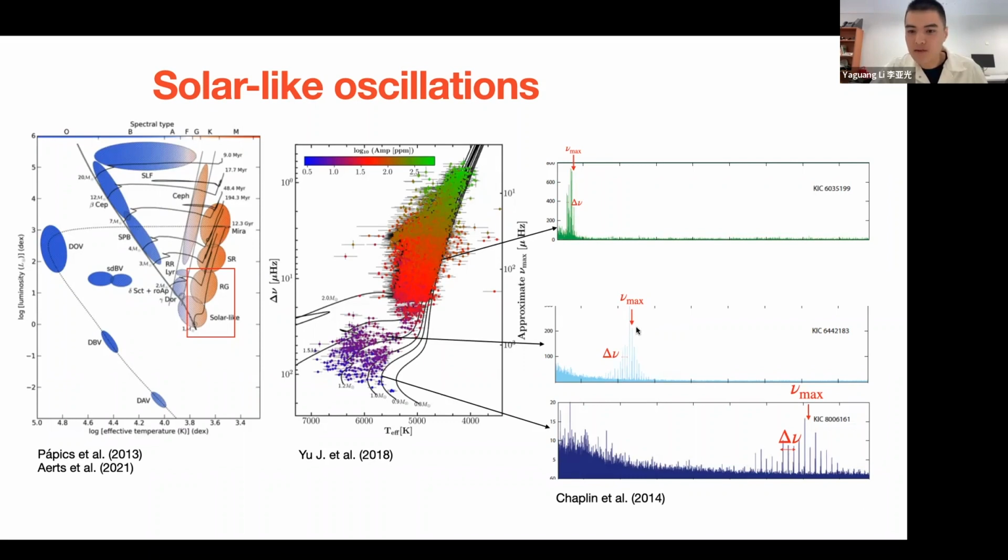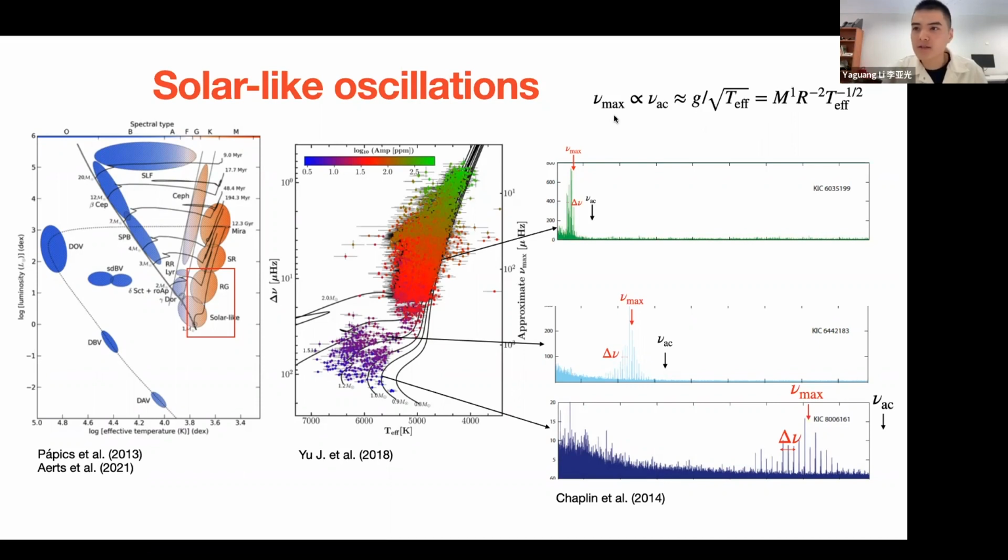The first parameter is nu max, which is the frequency where the maximum power appears. And another parameter is delta nu, which is the frequency spacing where this regular pattern repeats itself. And the scaling relation states that this delta nu is proportional to the mean density of a star, and you can convert it into mass and radius.